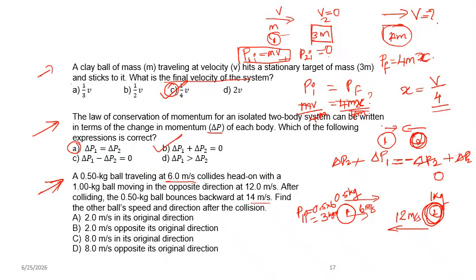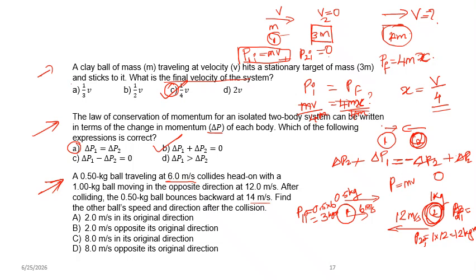Now what will P2 initial be? Mass is 1 kg, into velocity 12, so 1 into 12 will become 12 kilogram meter per second.